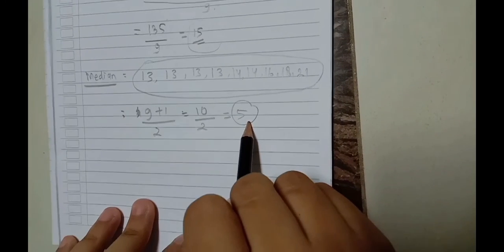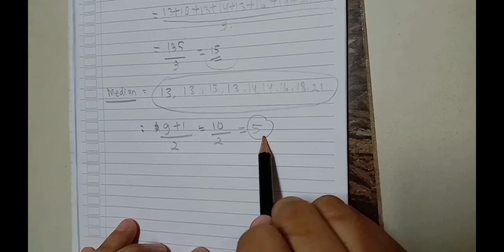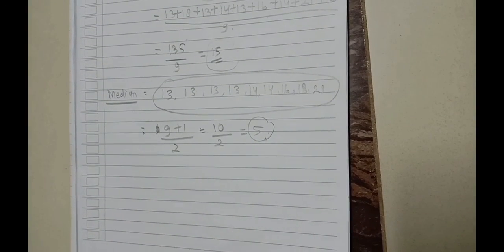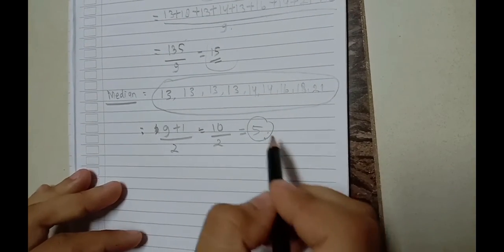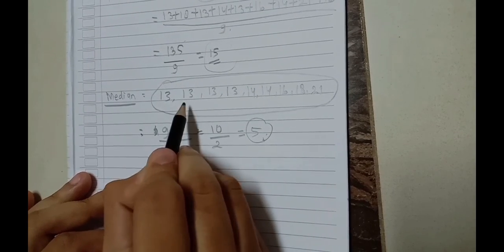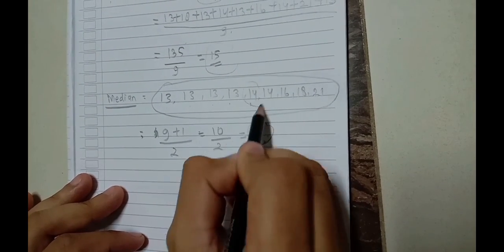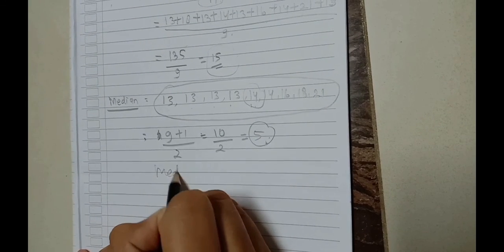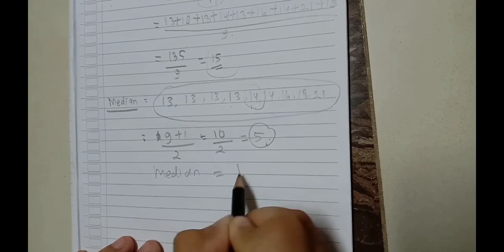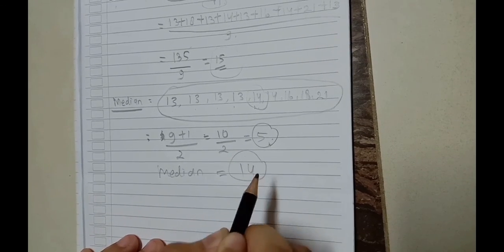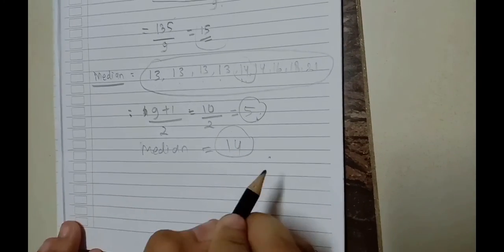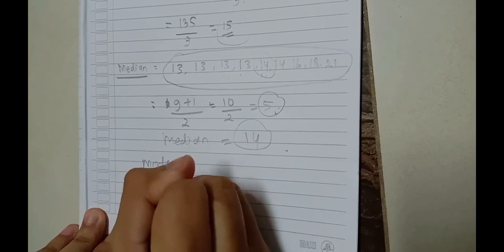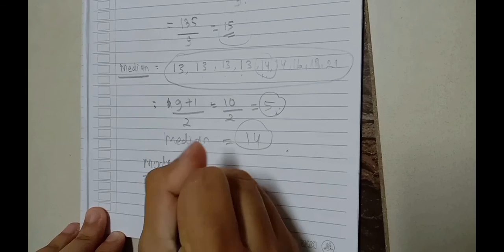It means you must find the 5th number, like 1, 2, 3, 4, 5, and this is the median. So the median is 14, and the mode is 5.